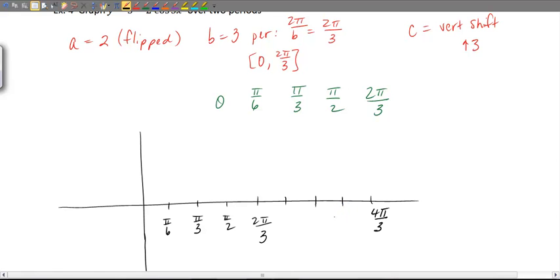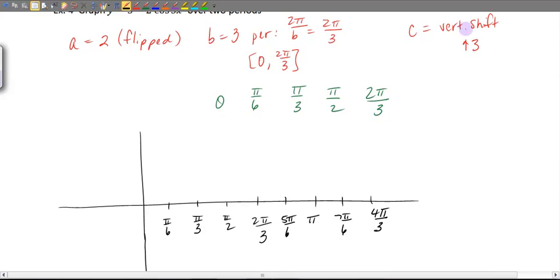So if I add 1/6 to each of these values as I'm moving to the right, I end up with 5 pi over 6. The next value is pi. Then we have 7 pi over 6, ending with 4 pi over 3. So this is just how my x-axis is going to break up.